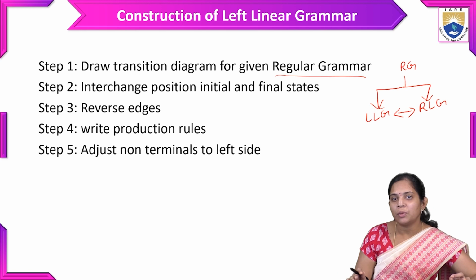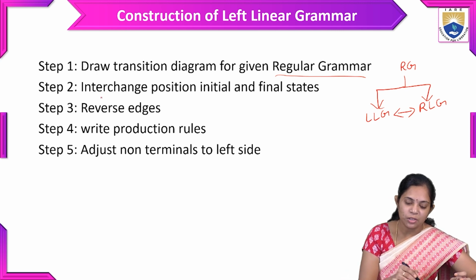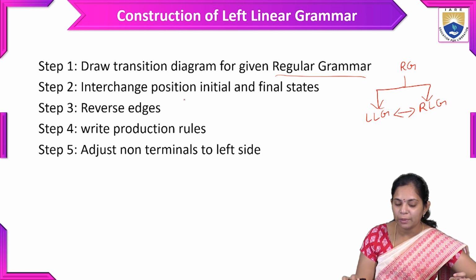How to convert a given regular grammar to a finite automata we have discussed in the previous video, and based on that procedure we have to convert that regular grammar into a finite automata. That is in the form of a transition diagram. Then interchange the position of initial and final state.